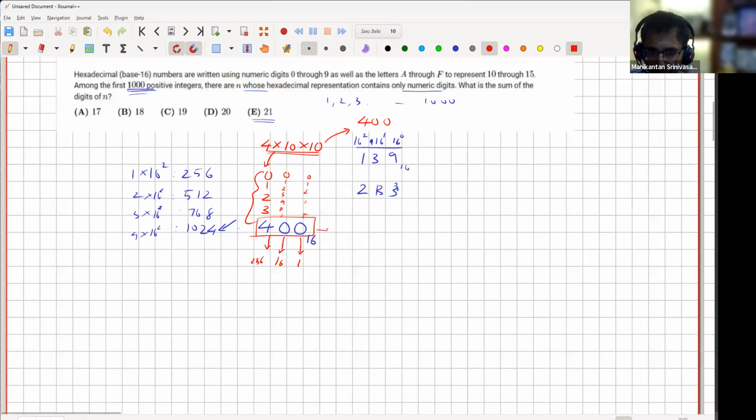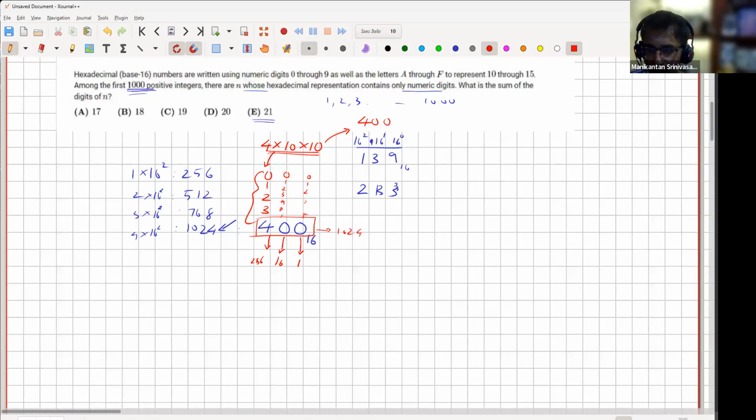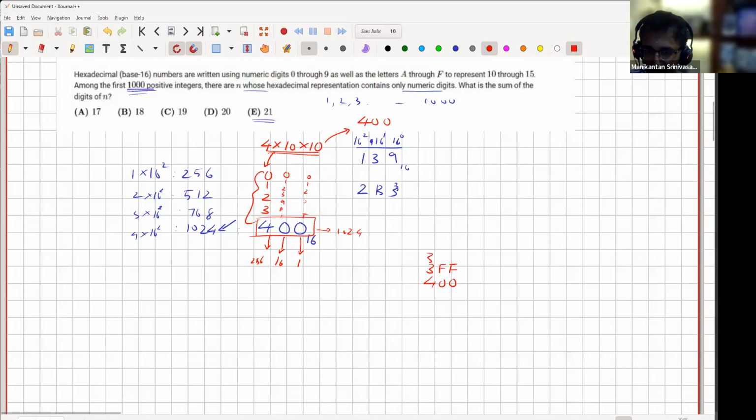But 400 is 1024. So 1024 is still a few numbers after 1000. But if you look at the numbers before 400, those numbers will definitely contain letters. For example, the one before this will be 3FF. FF is like your 99. Before that will be 3FE. Before that will be 3FD, and so on.